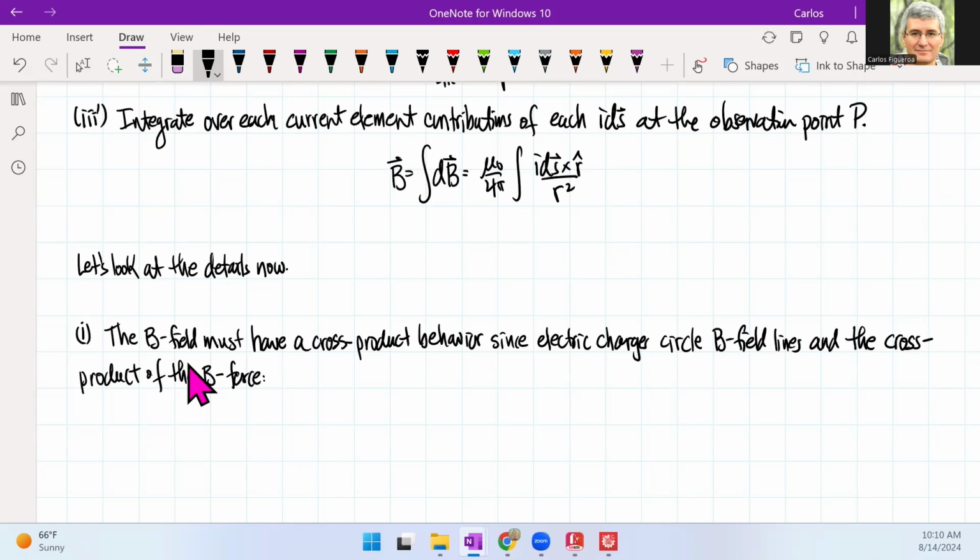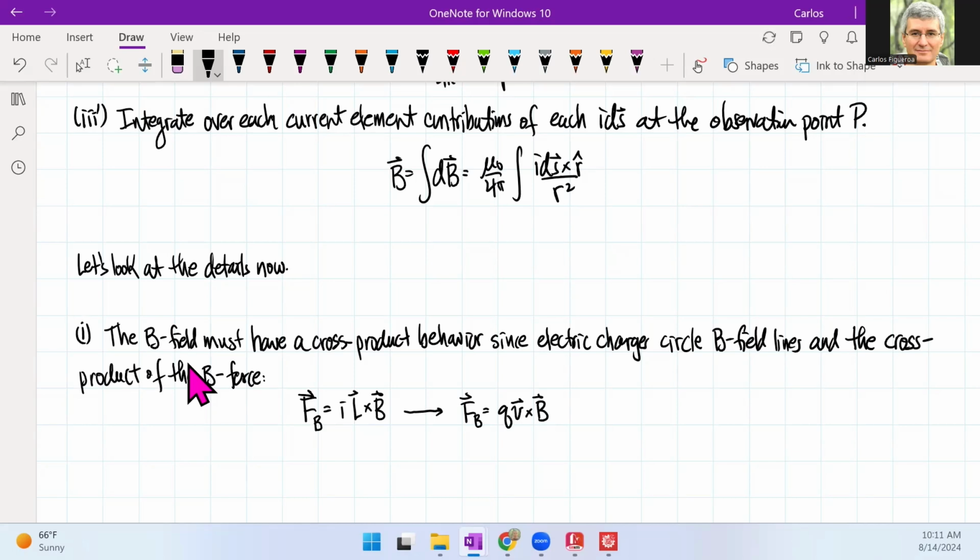So we expect here that because the magnetic force is IL cross B, that it has to have that magnetic thing. Now, we have to be a little bit careful because we can also look at a single charge. And we could say that we have this guy right here.